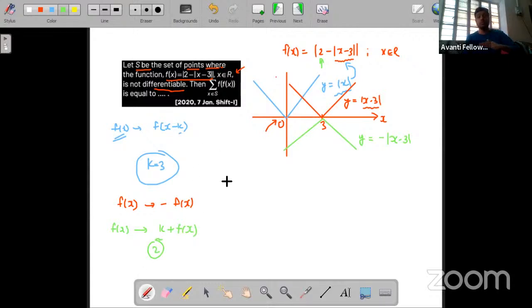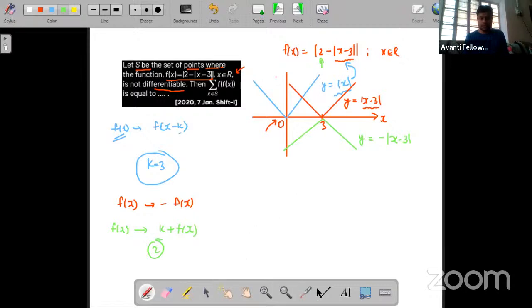We have to move upward. k is a positive number, so we have to move vertically upward by 2 units. So we have to shift this graph 2 units above. Now you can see the maximum value of this graph is 0. So after shifting by 2 units, the maximum value will be 2.